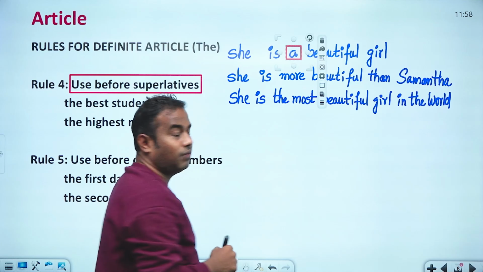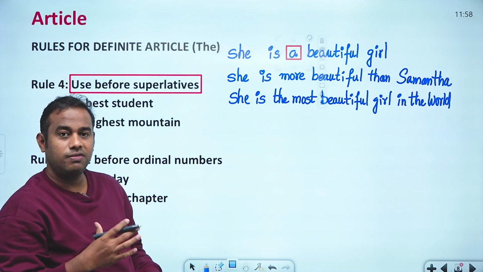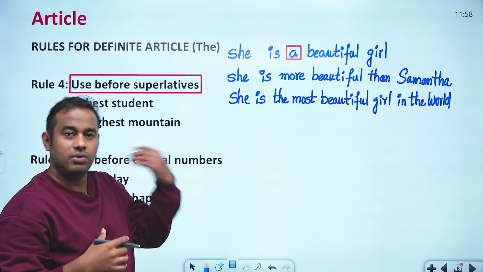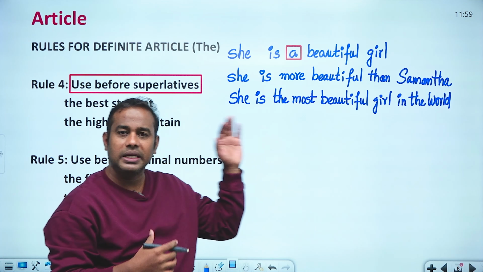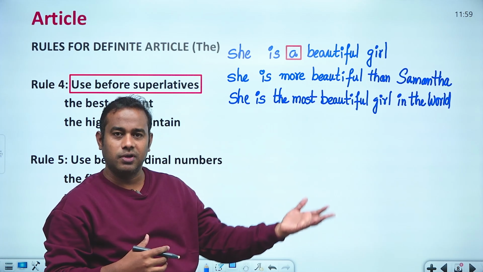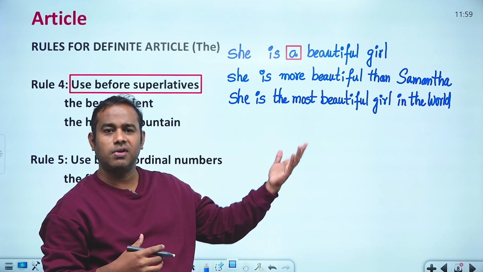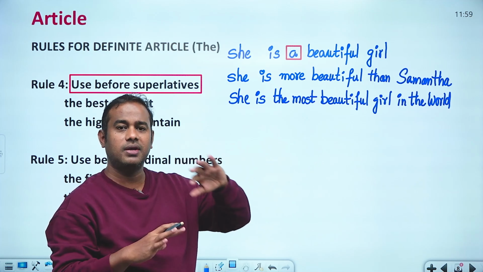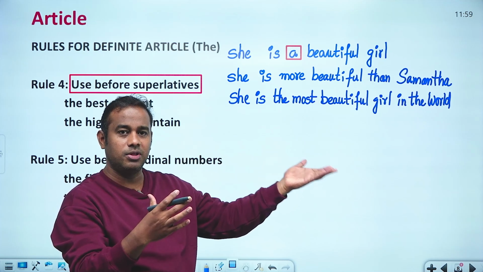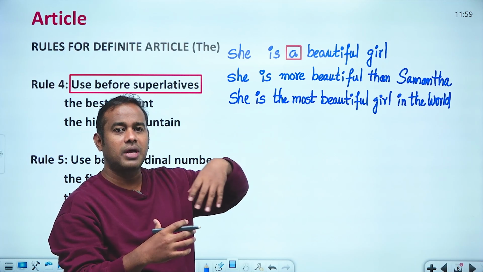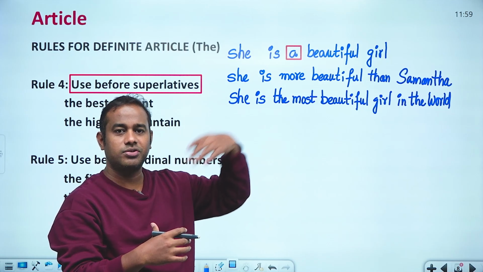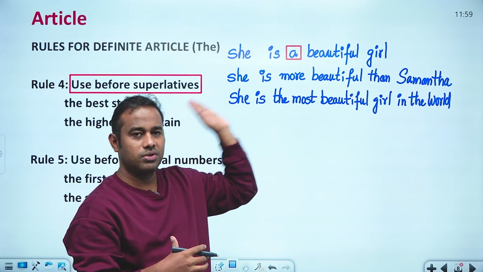This is a single use, so you use the indefinite article. In this sentence, she is a beautiful girl, there are so many beautiful girls and she is also a beautiful girl. You are conveying a positive degree.